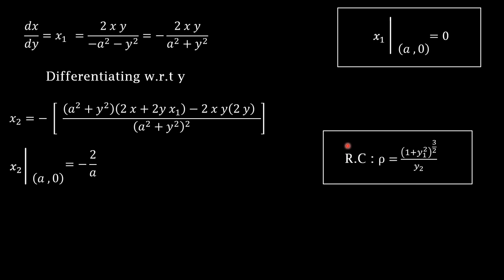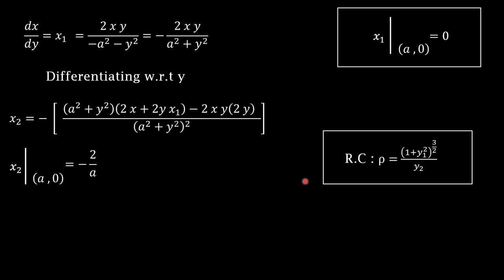Since the radius of curvature in the Cartesian form, the formula is given by rho is equal to (1 plus y1 square) to the power 3 by 2 divided by y2, isn't it? But over here, since your y1 at the given point, that is at the point (a, 0), is not defined, that's why we have taken the reciprocal of it and computed x1 and x2 at the given point, isn't it?